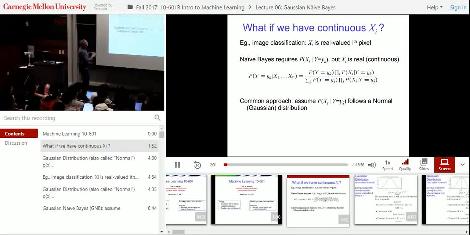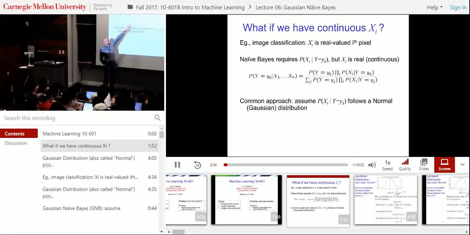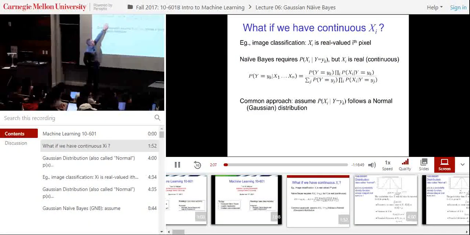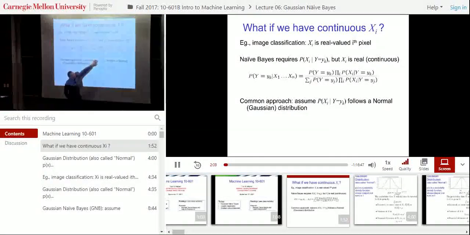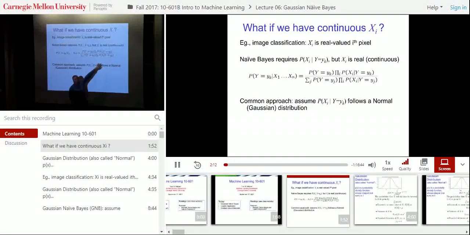We talked about it being based on this formula, which is nothing more than Bayes' rule with this now familiar conditional independence assumption, that we can model the probability of x1 through xn given y as assuming that the xi's are all conditionally independent given y, and therefore we can just multiply together the individual P of xi given y. So that's the standard naive Bayes assumption.